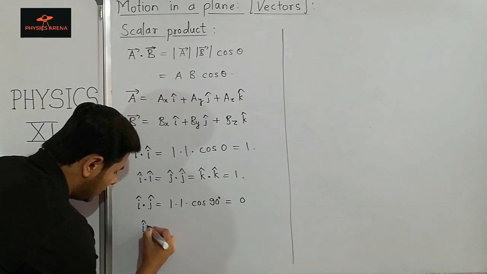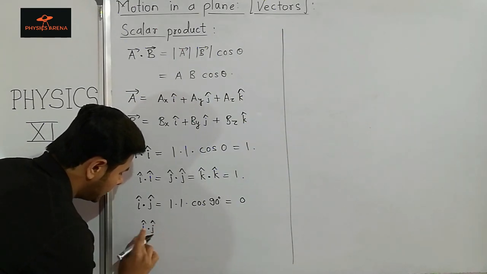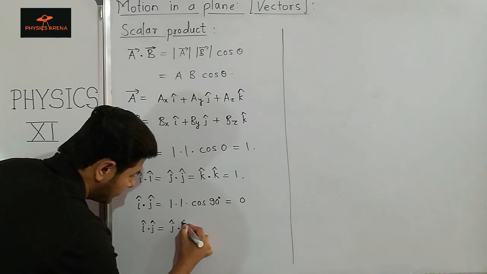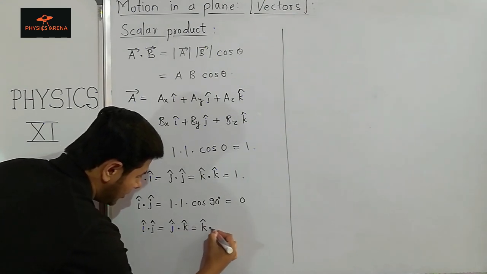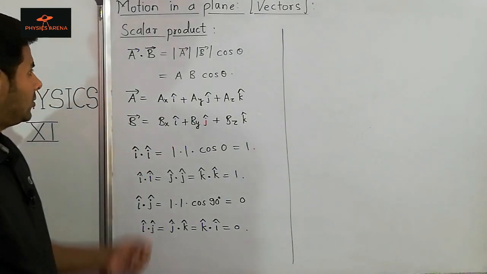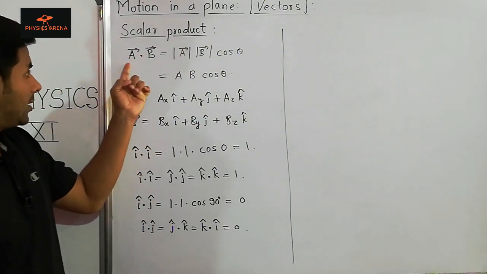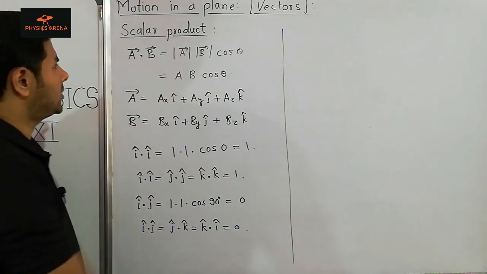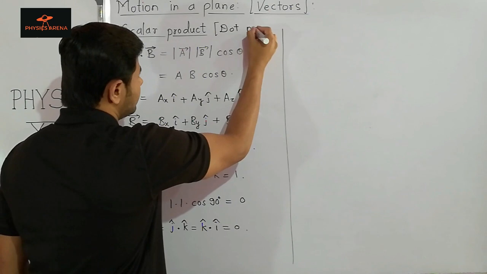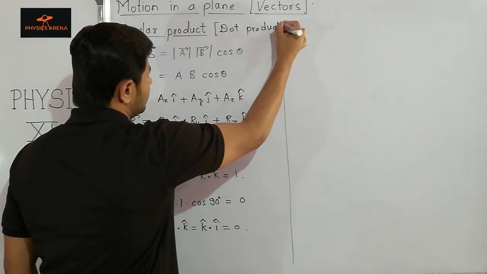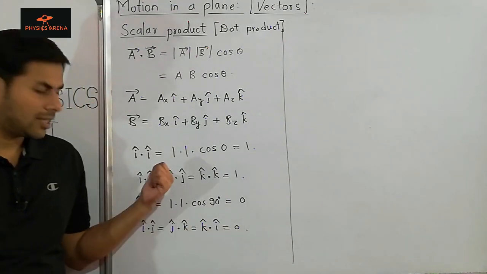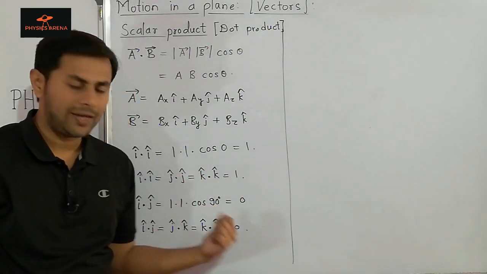Similarly, I can write i dot j equals j dot k equals k dot i, and it is 0. Now we represent the scalar product by this dot, so it is also called the dot product. Okay, now we know the scalar product of these unit vectors.